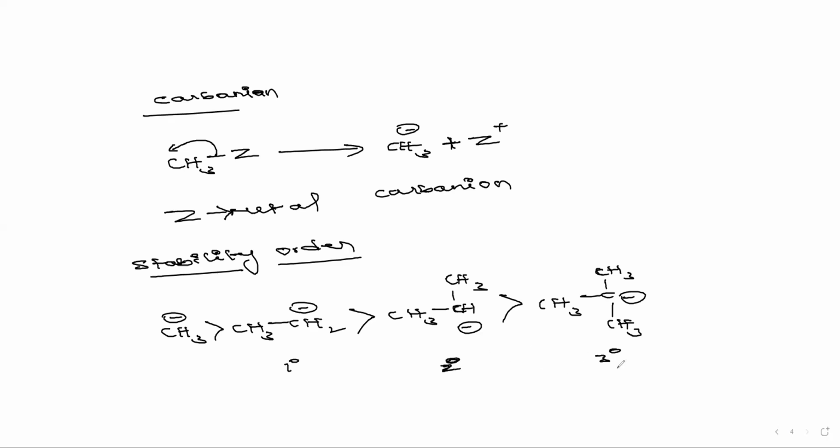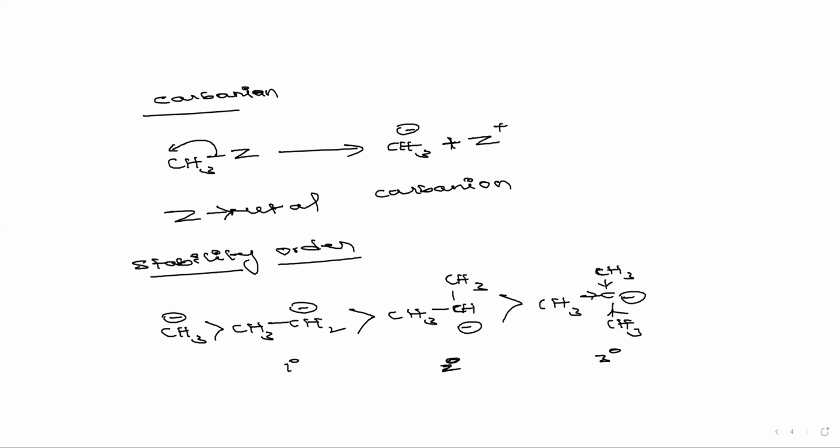This is because the carbon already contains a negative charge, and the methyl groups also donate electrons, so stability decreases. So this is about carbocation and carbanion.